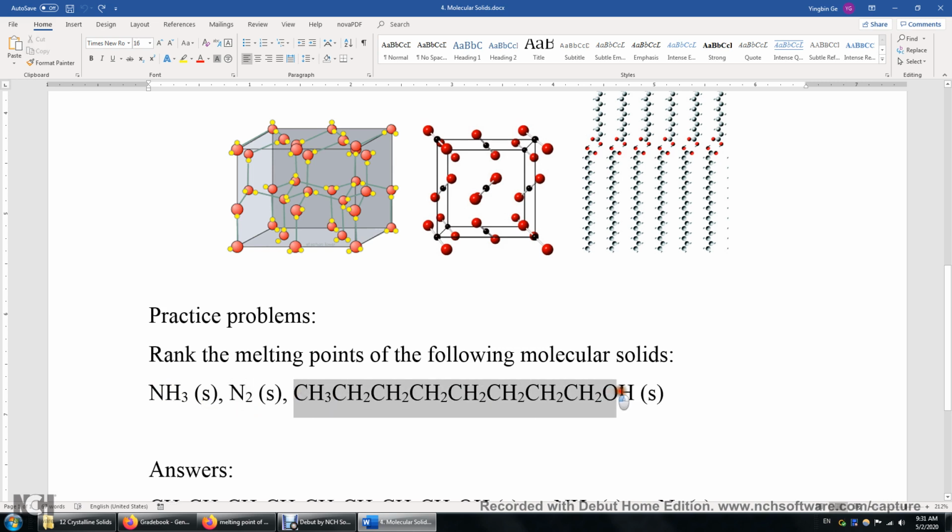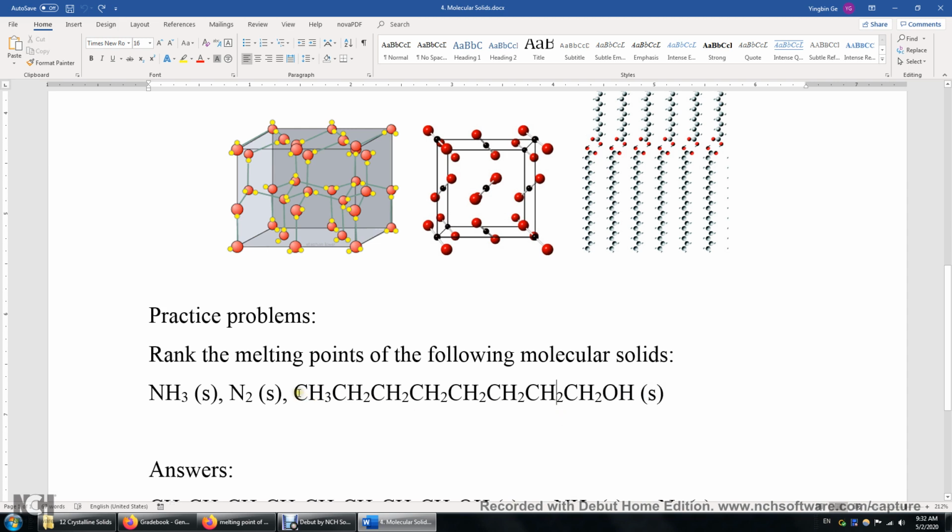Now finally, this one. This is octenol, or in organic chemistry it's 1-octanol. You can see between two octenol molecules there's going to be hydrogen bonding because of this OH. Both this H and this oxygen can participate in the formation of hydrogen bonding.